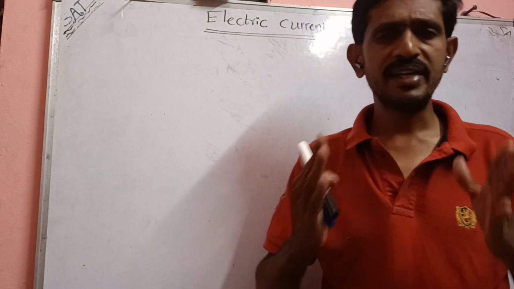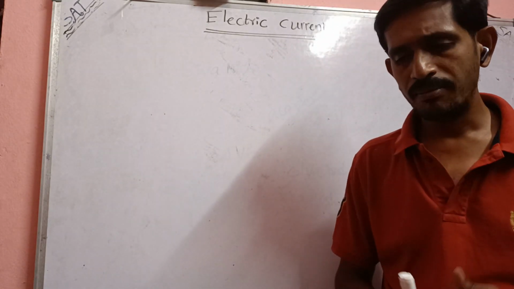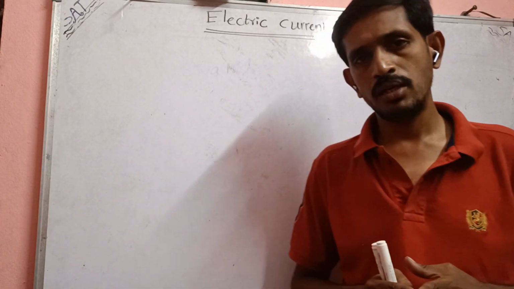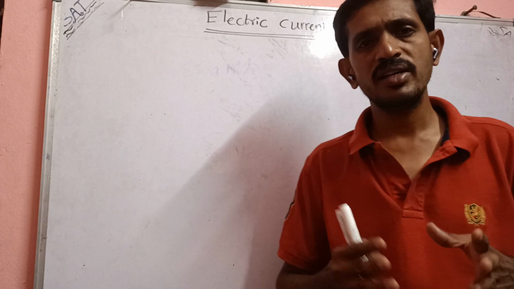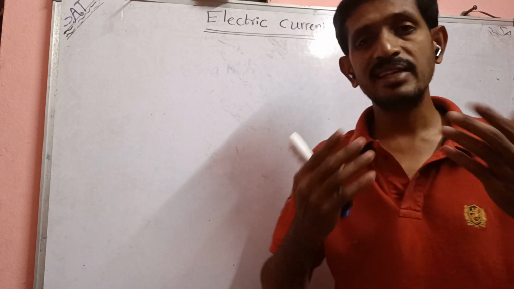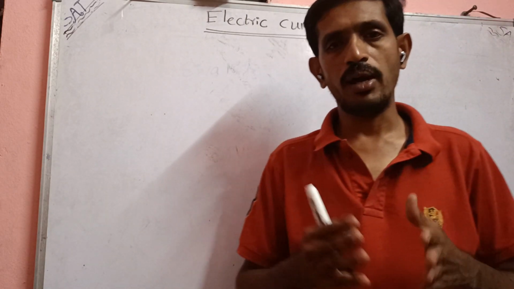We have studied lightning before, but in this chapter the main concept is charge. What is charge? How many types of charges are there? What are the properties of charge? And what is the reason, the root cause, for electric current? Everything we are going to start.